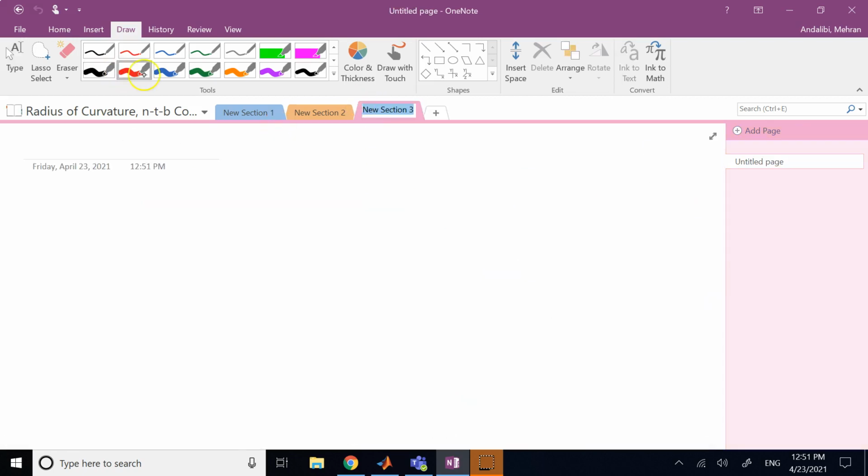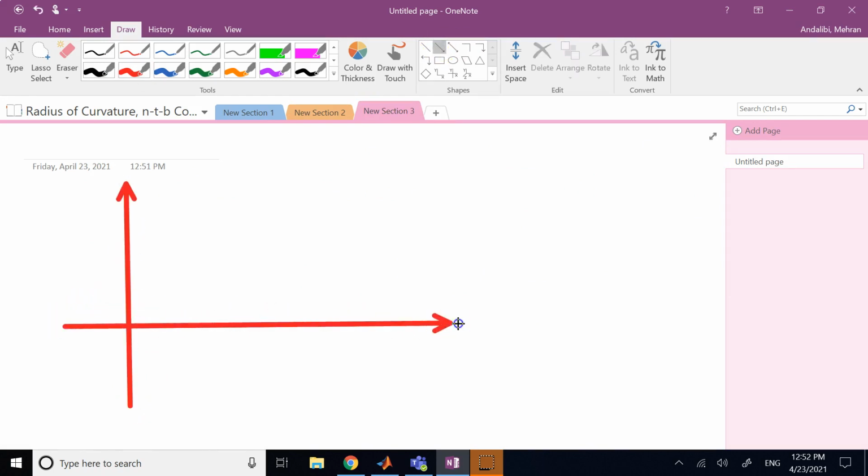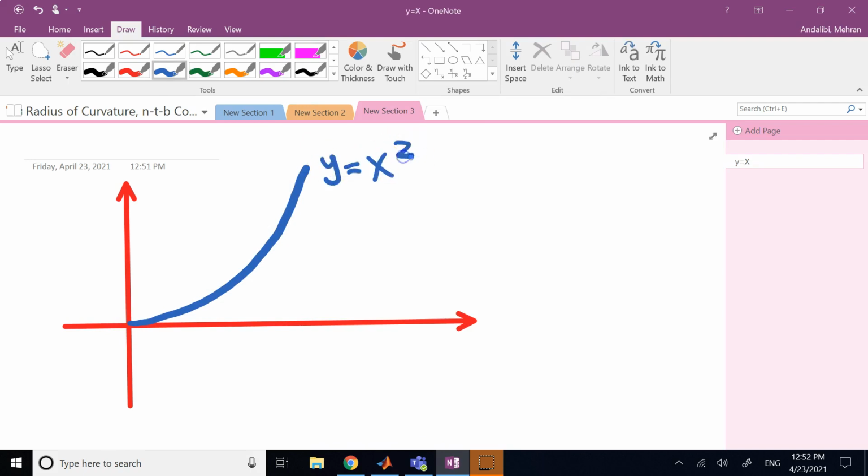But if it's any other function, it's not really any major deal. For example, if the equation for the path is a parabola, so this is like y equal x squared, and let's say at point 1 you want to find the radius of curvature, then all you need to do is to apply that formula.